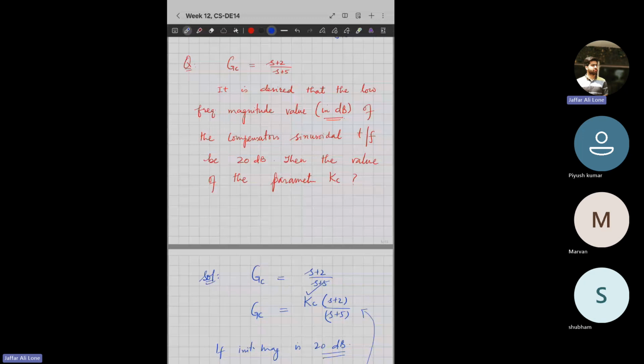The only trick in this question is you have to make sure that your transfer function is in time constant form. Then and only then can you apply this formula, right? Because you remember whenever we were drawing Bode plots, we first made sure the transfer function is in time constant form, identified the corner frequencies, then plotted those corner frequencies and moved on, right? So these are the types of questions that you have in your assignment.